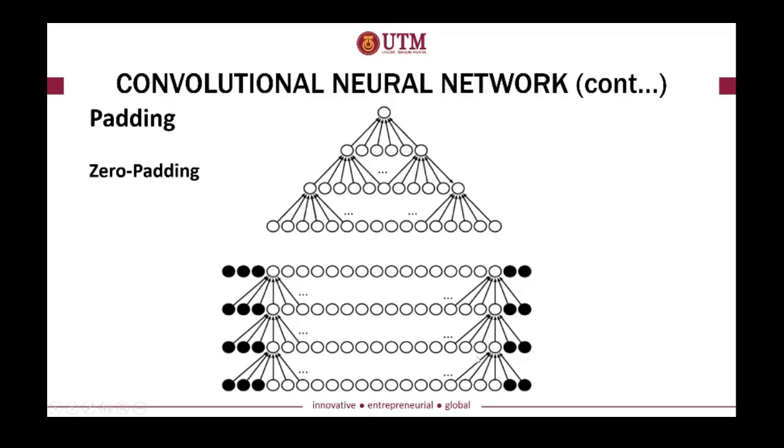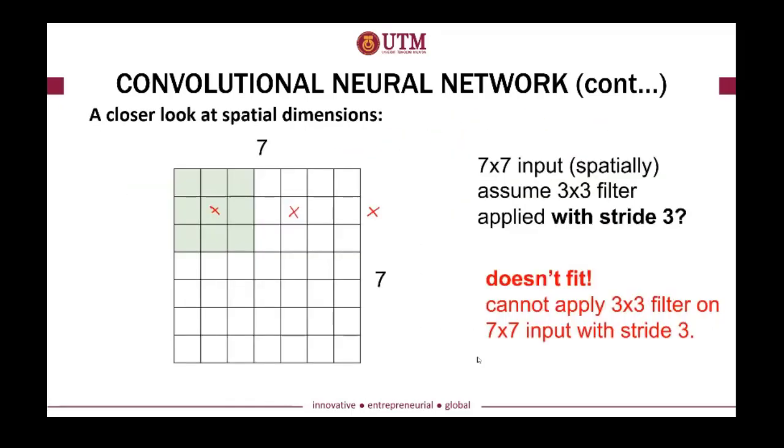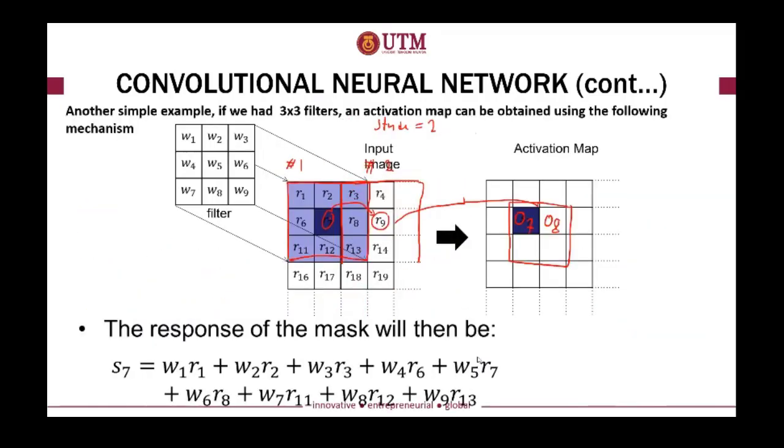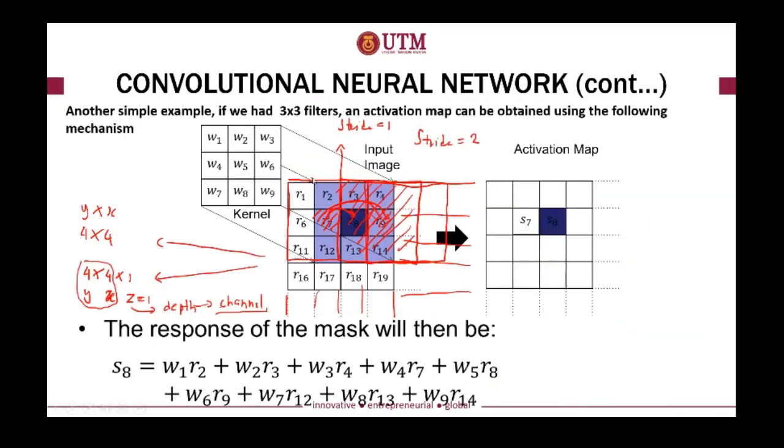In the previous discussion, we didn't consider padding. So as you can see, when we apply a 4 times 4 matrix with a 3 times 3 filter, assuming the stride size is equal to 1, at the end you get only a 2 times 2 output activation map.